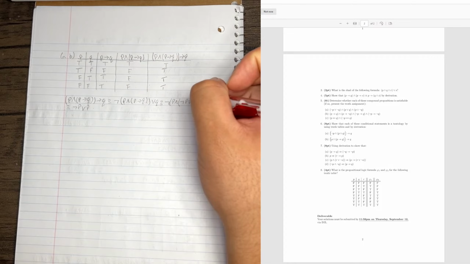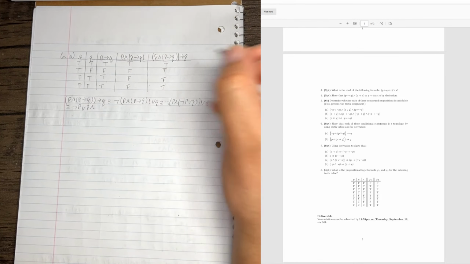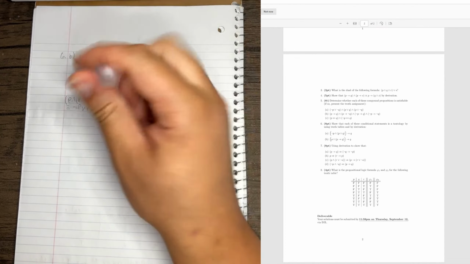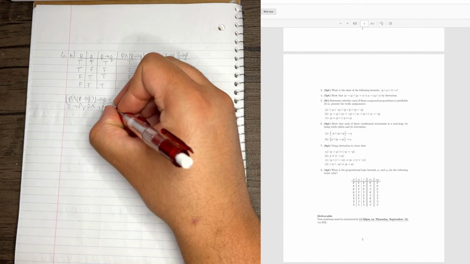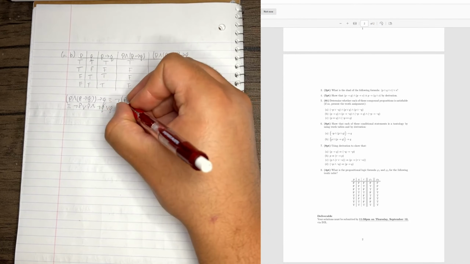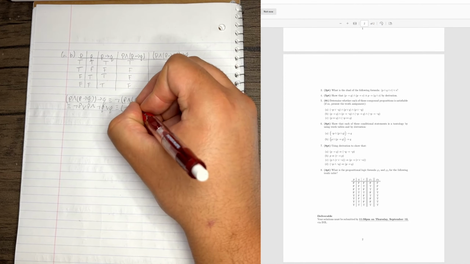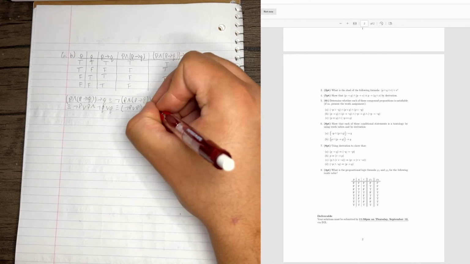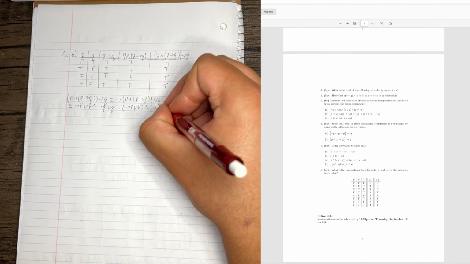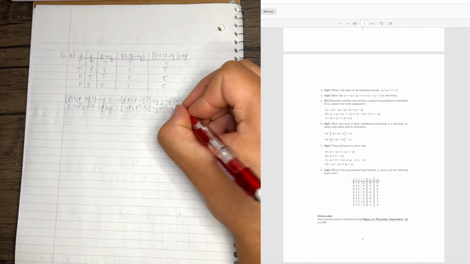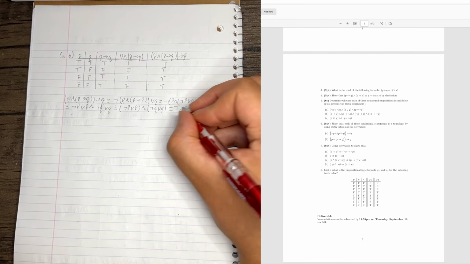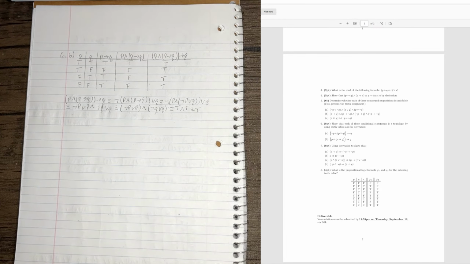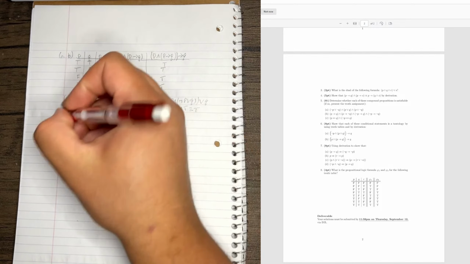Change that to P. Change that to an and, not to Q. That's a P. I believe that's it. Yep. Now we're on 7.